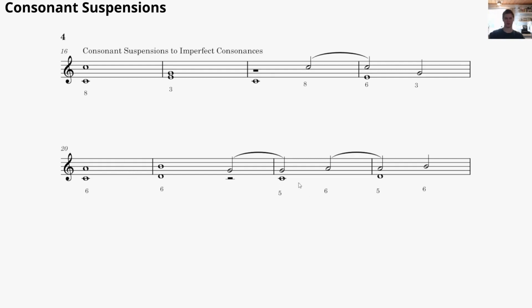So you can see here it's just creating the sixth over here, and it's creating the fifth in the next measure with the original sixth, but because this note is now suspending into this measure, it's creating a fifth, as you can see right here. And the original note where it came from is irrelevant.